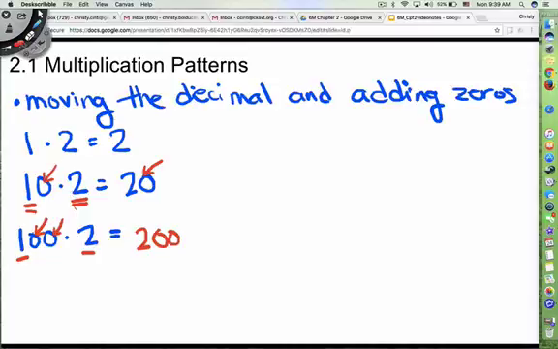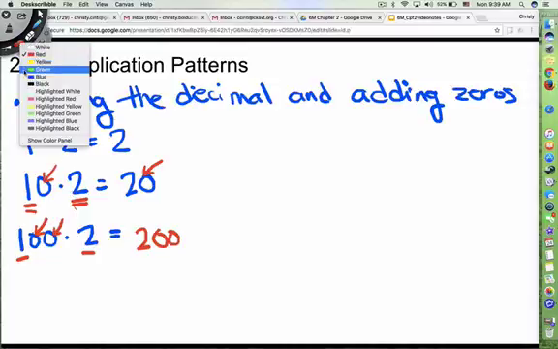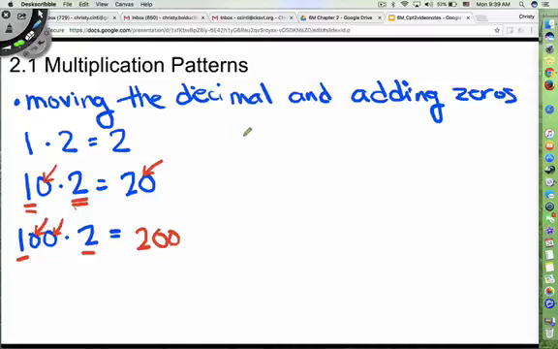Now let's think about when we don't have as straightforward of a combination. Let's say instead that we're dealing with 15 times 2. Okay? 15 times 2 we know is 30. What if we add some zeros in here though? Let's add a different problem. Instead it's 150 times 2.